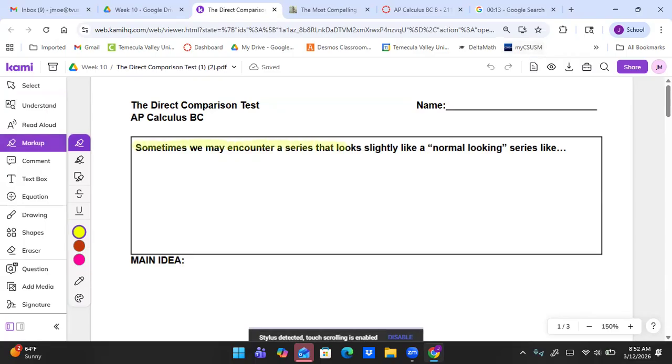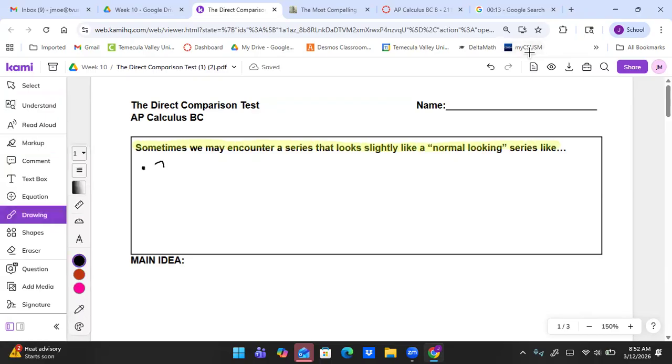Sometimes we may encounter a series that looks slightly like a normal series. For example, we know 1 over 2 to the power of n is a geometric series.